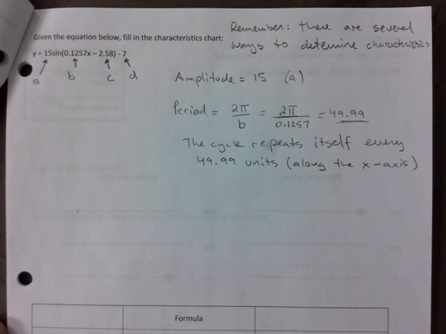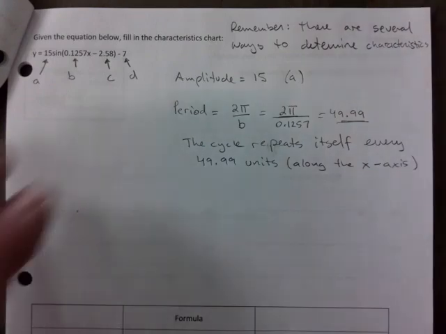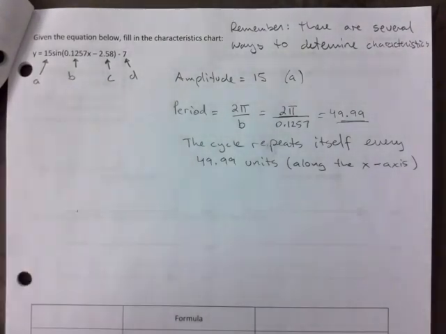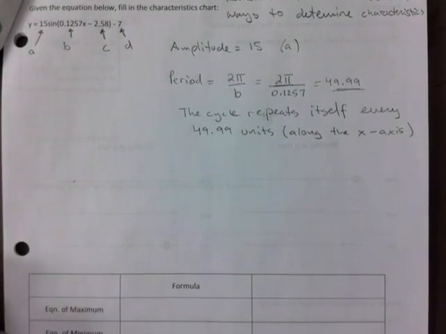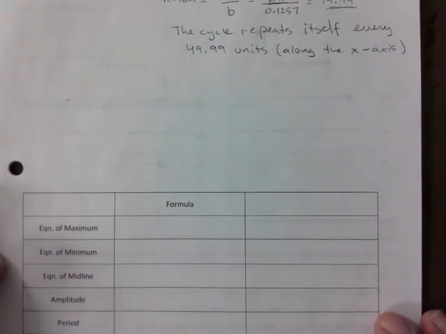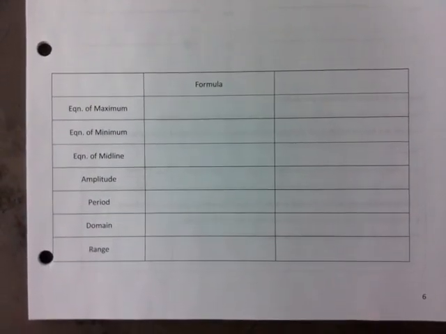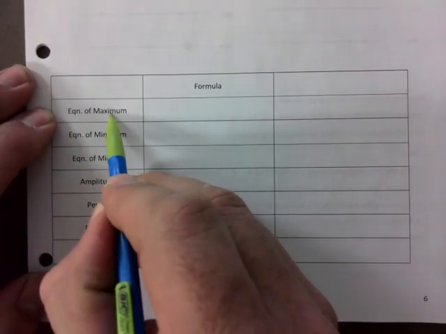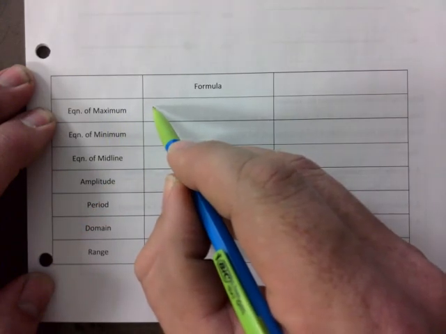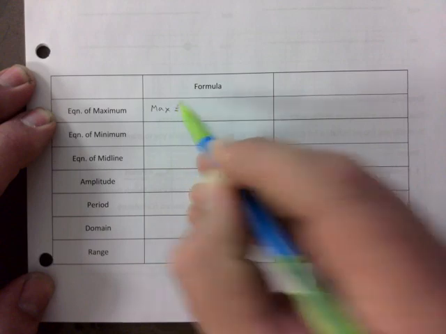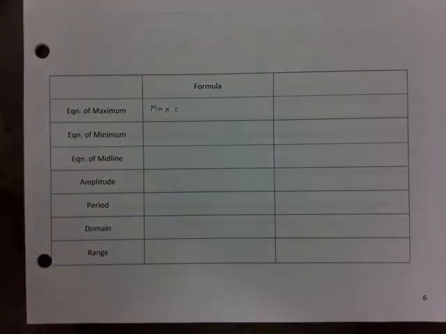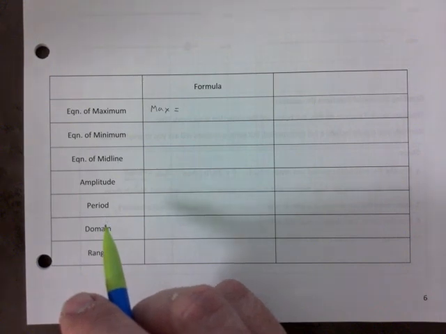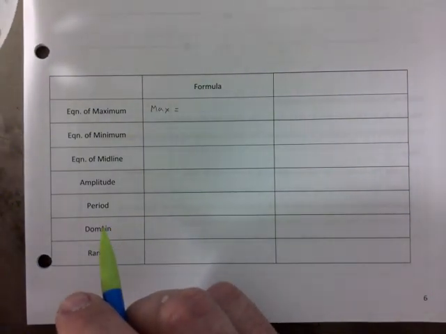So we've got that. I don't know why I left you that much space, because my key actually doesn't need that much space. We now want to fill in this chart at the bottom here. But I think I'll use that part at the top, sorry guys, for this: if it asks you what's the equation of the maximum, the formula is this. Max is going to be, I'm going to go back to my formulas there. Did I give you that?